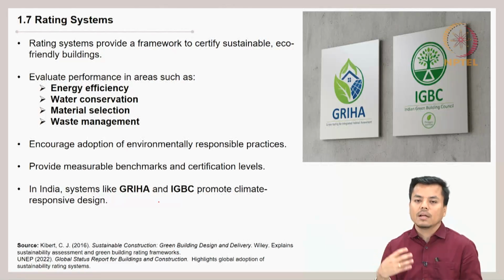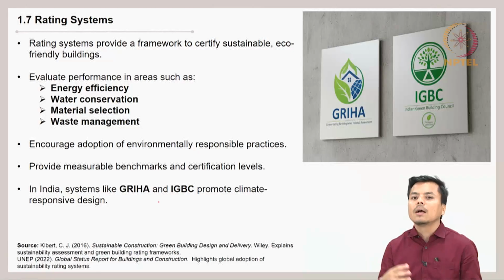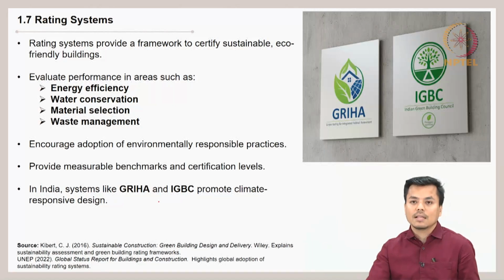They have some guidelines through which, if they are fulfilled, it is certified as a platinum, diamond or gold rated building. This is the level of sustainability achieved in the construction. It evaluates energy efficiency, water conservation, material selection and waste management.